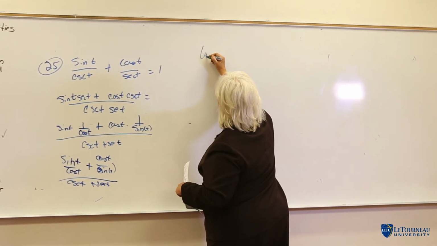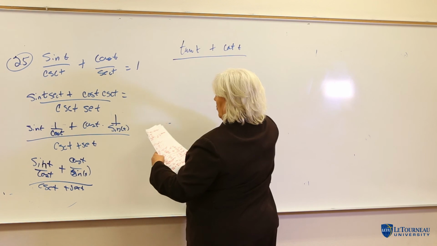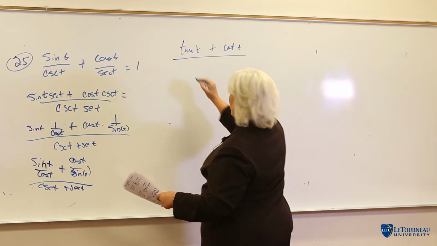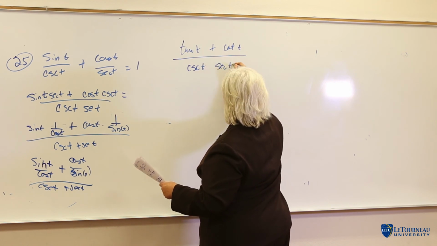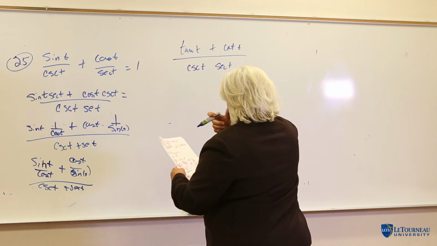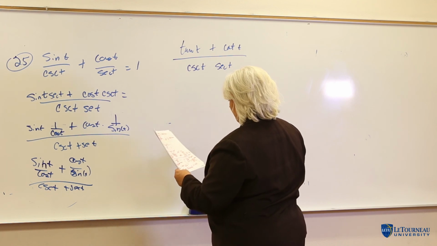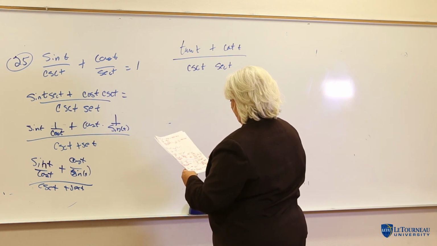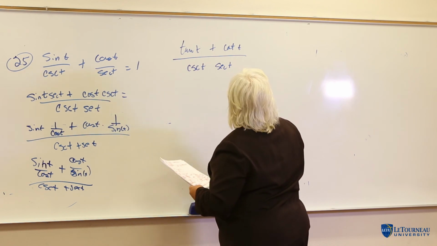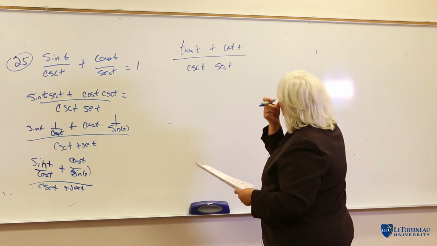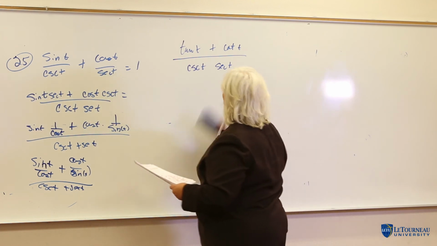So I'm going to have tan t plus cotan t all over cosecant t, secant t. Maybe I shouldn't have done that one. I shouldn't have scratched that.